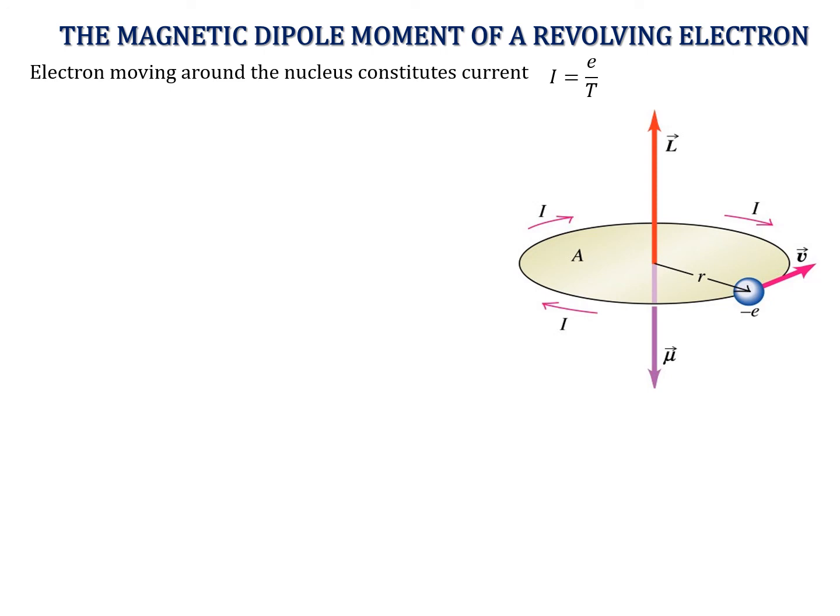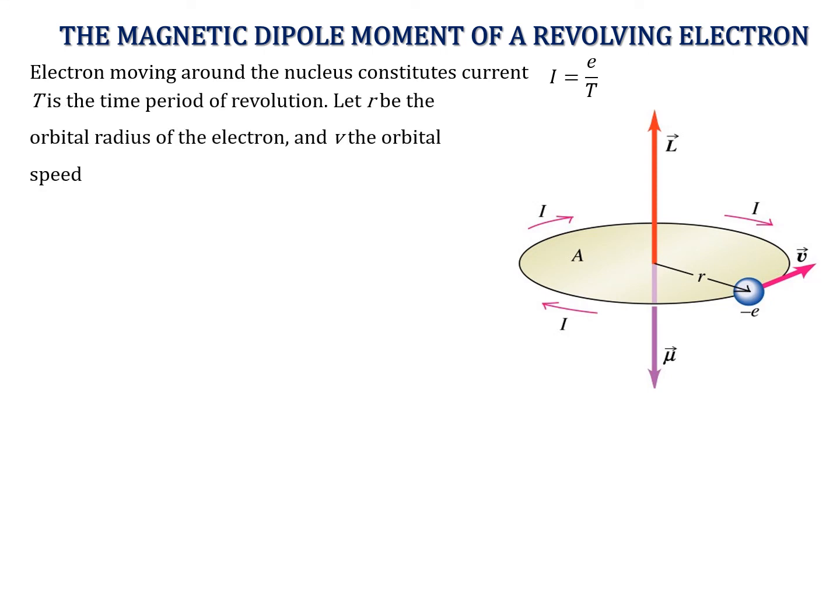So, let us assume electrons are moving with a velocity v in a circular orbit of radius r. So, time required to complete one rotation, that is capital T, will be 2 pi r upon v. When we substitute this value of time in the expression for current, current will be ev upon 2 pi r. And this current will produce magnetic moment. In case of electron, we represent magnetic moment by vector mu.